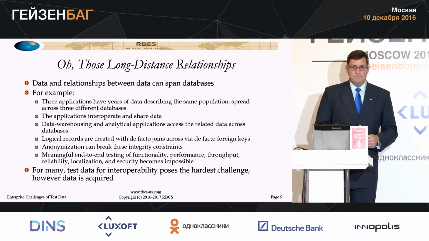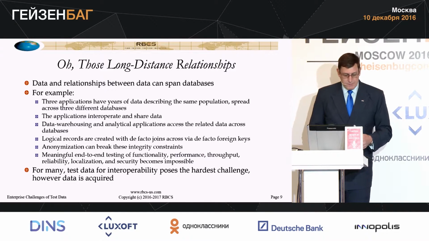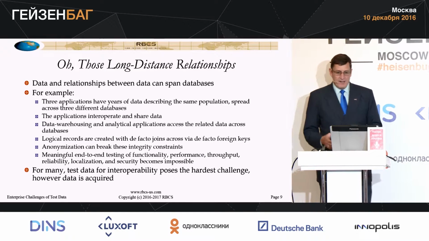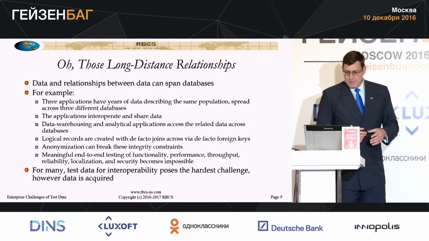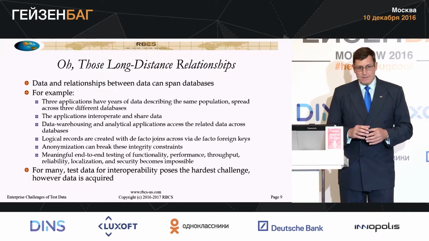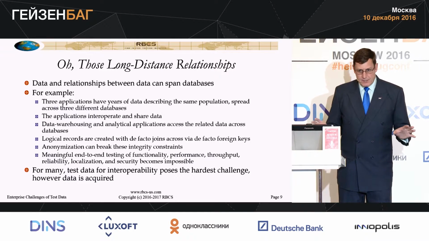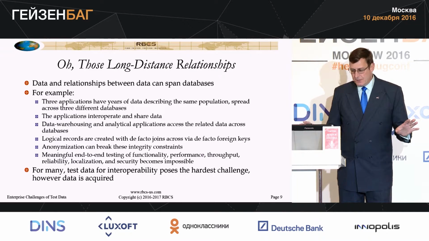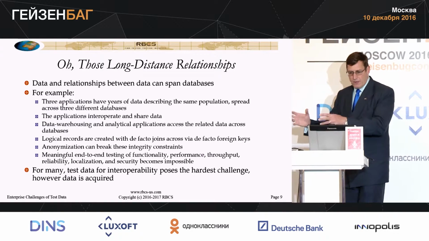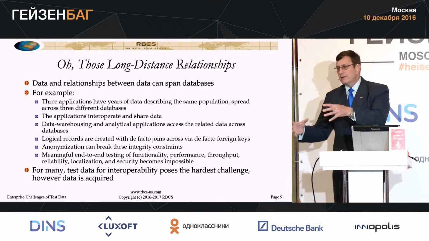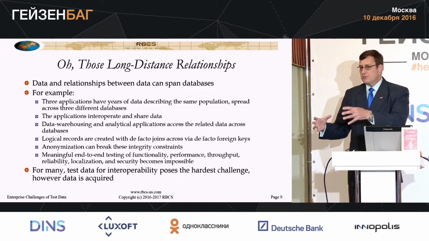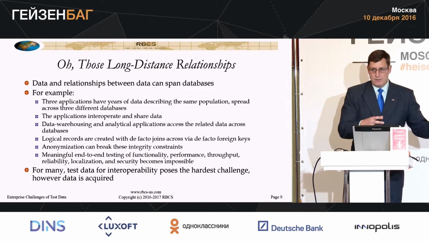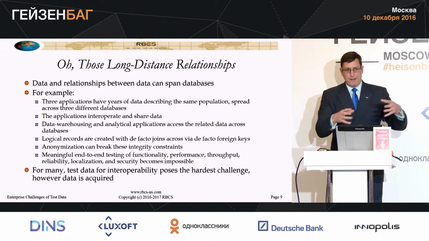Now, it gets worse. It gets more challenging because a lot of times when you're dealing with enterprise-scale systems of systems, you're not just talking about one database, one repository. You're talking about multiple repositories, multiple databases out there.